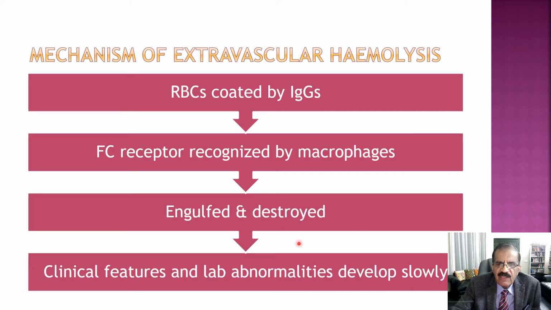So in this case, since hemolysis is not inside the blood vessel, you do not get the classical picture of hemolysis. You get slowly developing anemic symptoms and the symptoms are much less dramatic than those we see in intravascular hemolysis.